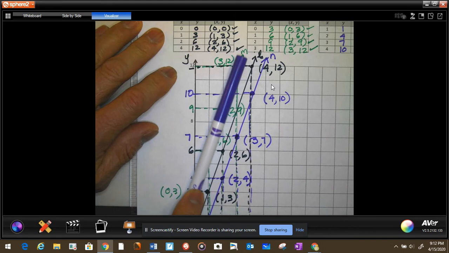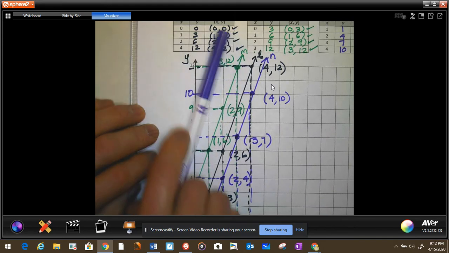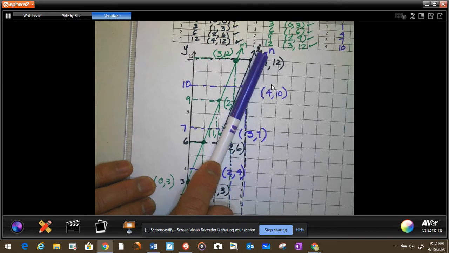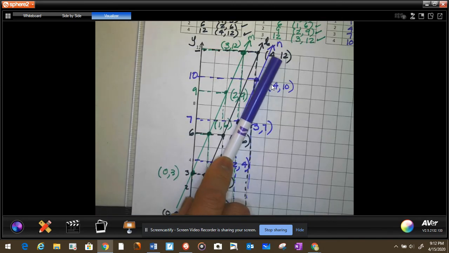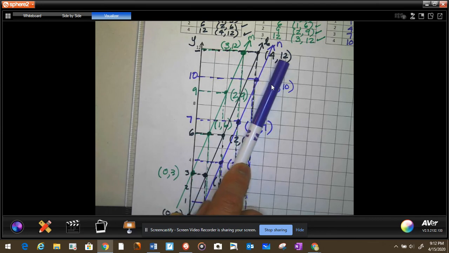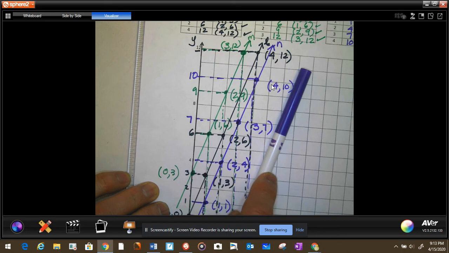It begins moving upwards like this when y is increasing. When y starts to decrease, it starts moving down, away from the origin and to the right, away from the y-axis.